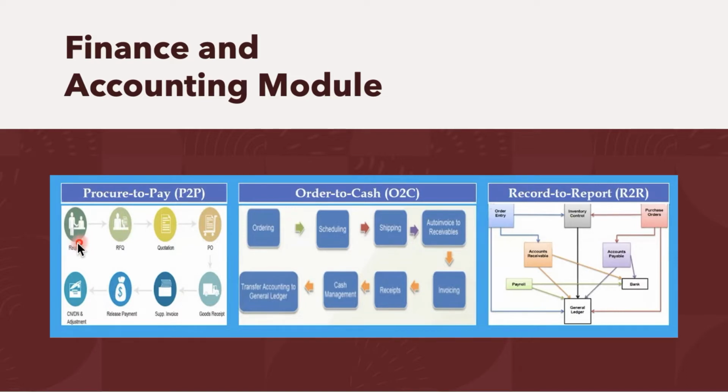So, i-explain ko in detail kung ano yung mga processes within each of this module, no? Or subcomponent of this finance and accounting module. Usually, naririnig natin to sa mga ERP such as SAP, Oracle. Okay? So, I will not go through these charts, no? Meron kasi akong flowchart na susundan natin. Okay?